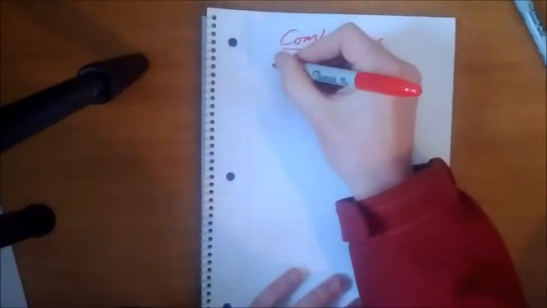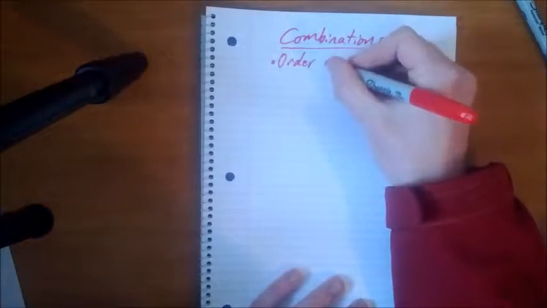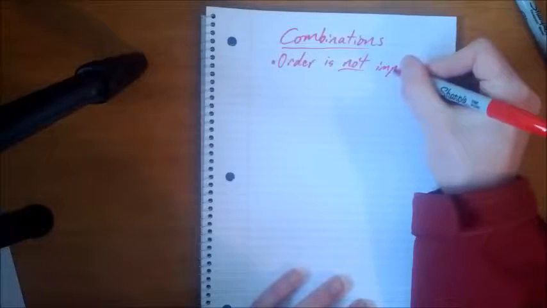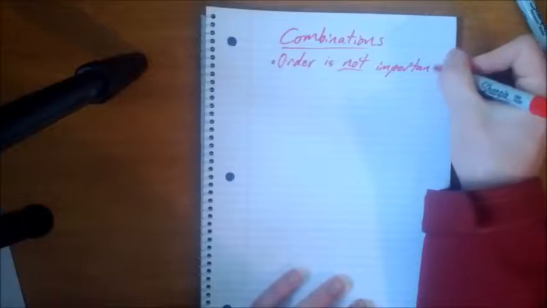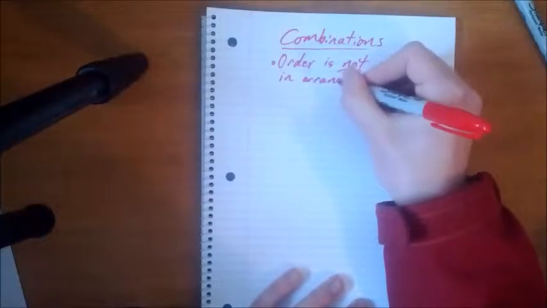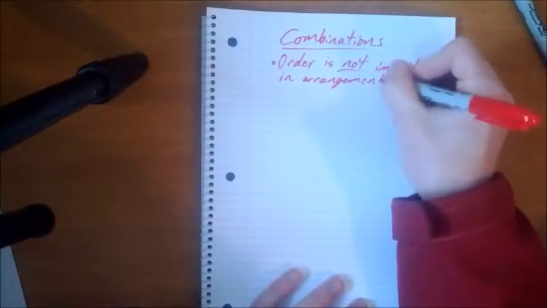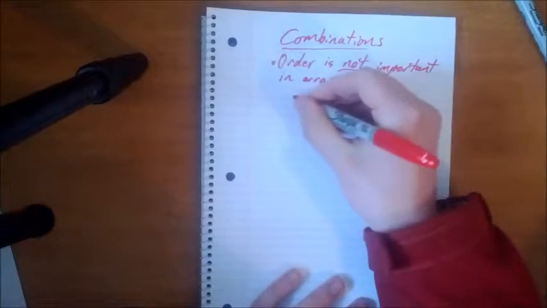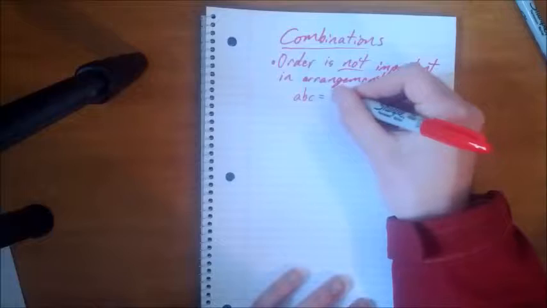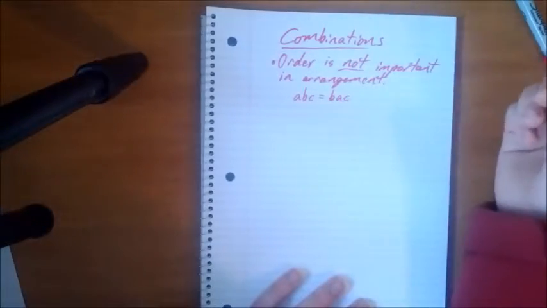Combinations are different from permutations in that order is not important in the arrangement. So in the case of combinations, ABC would be equal to BAC because order is not important.